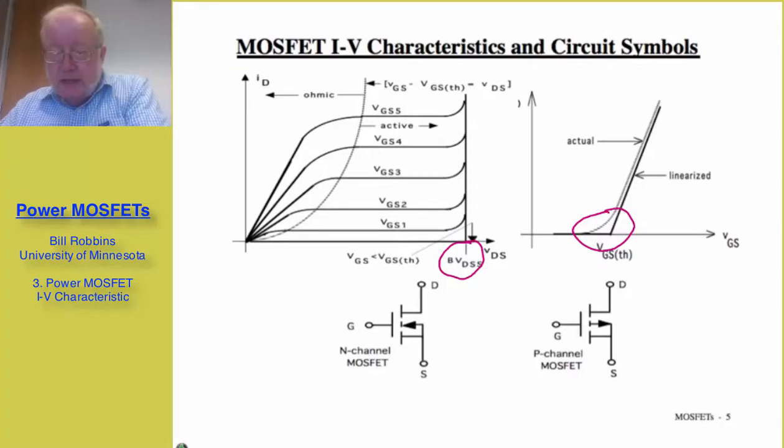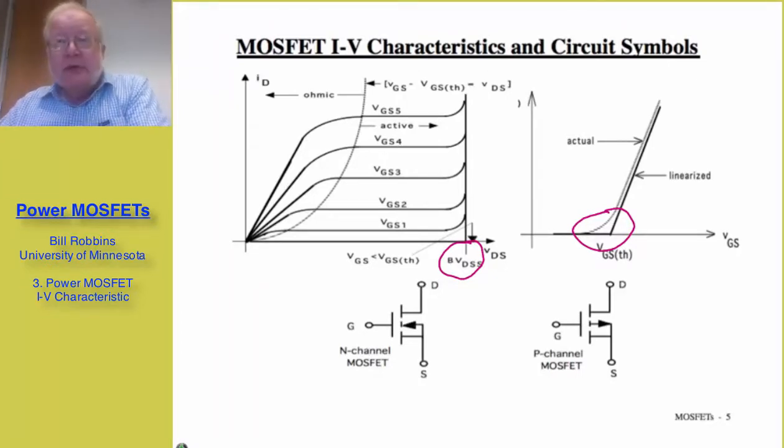But at higher gate to source voltages, where we're now conducting larger drain currents, this relationship becomes linear. And so the drain current at most of the range of allowable drain current is linearly proportional to the gate to source voltage, and we'll discuss that a little bit later.